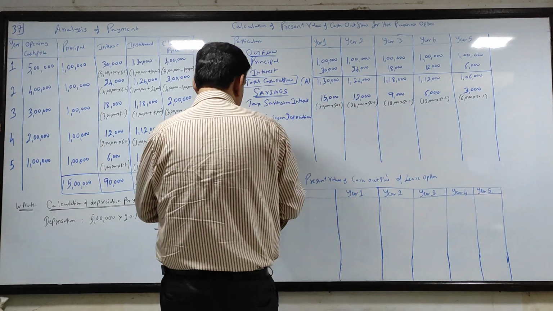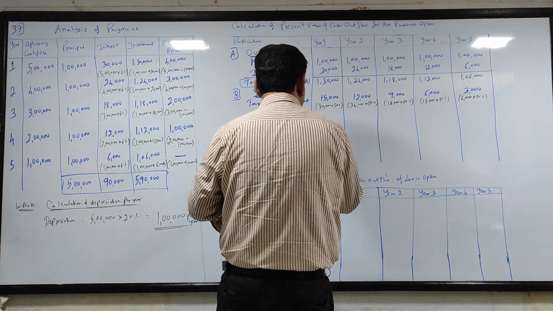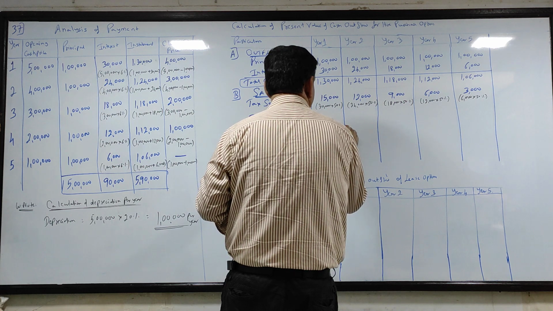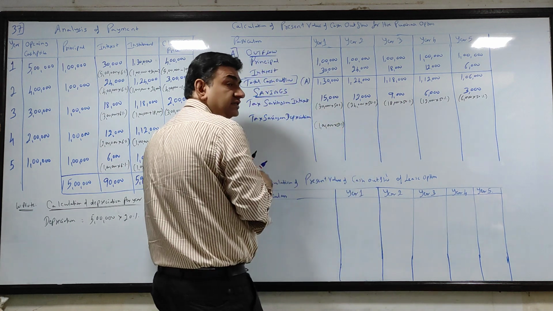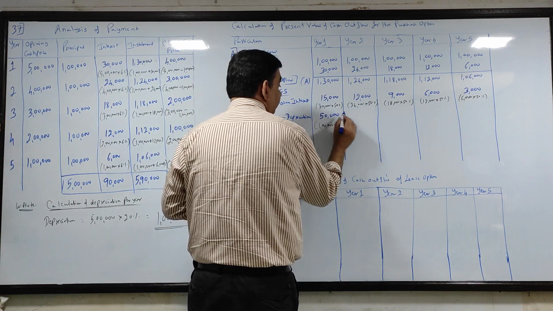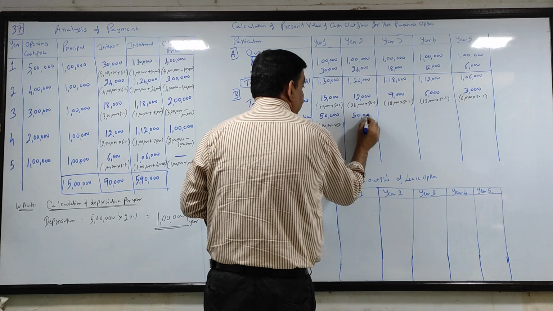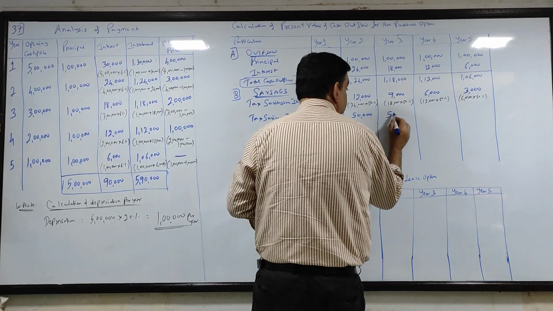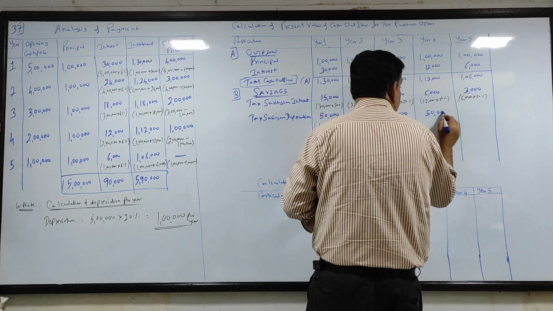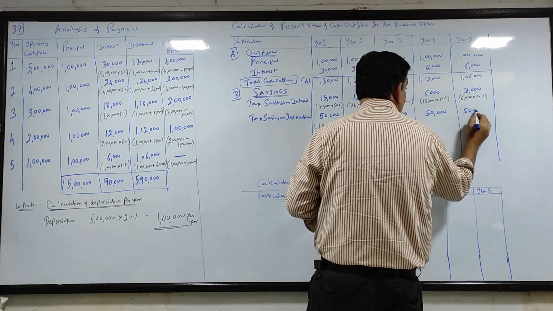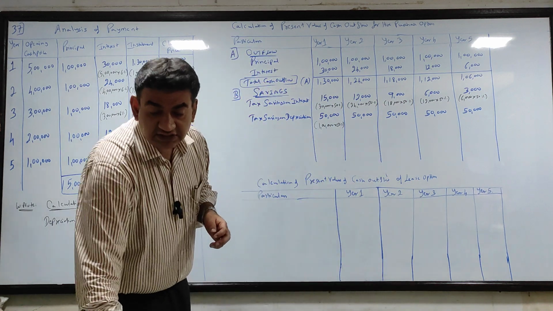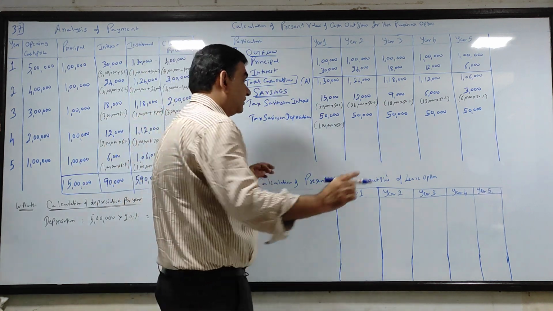But this is the same, so I'll put it in brackets. 50% of 1 lakh. Because it is the same, I am not putting it everywhere. So my tax saving due to depreciation will be 50,000 in each year. Because it is straight line method, original cost, straight line, fixed installment, all are the same. The amount of depreciation is fixed every year.